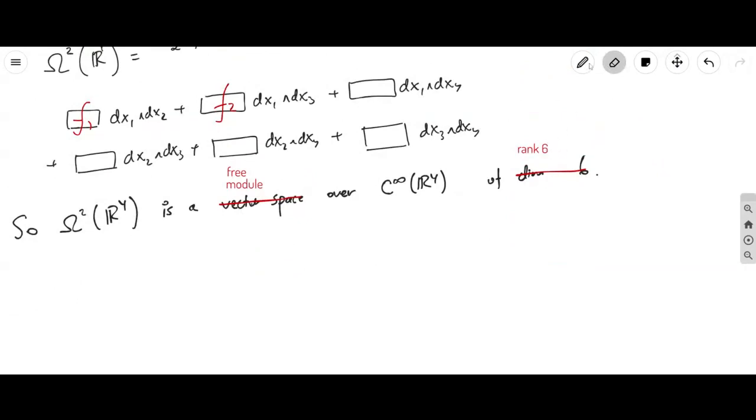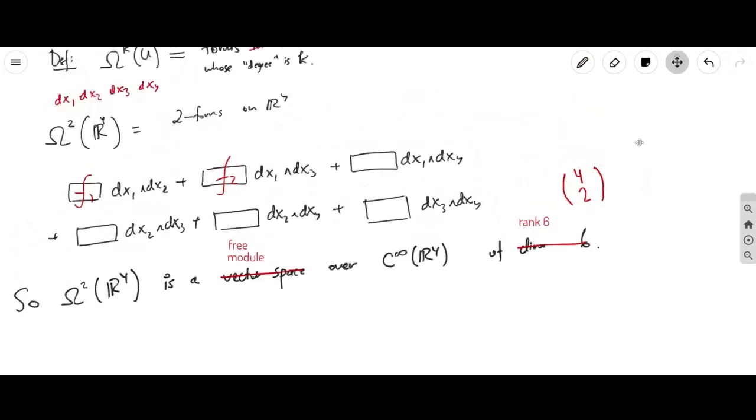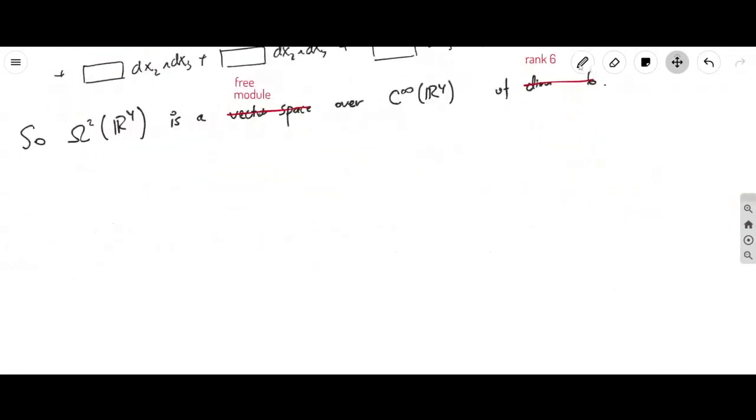What's the significance of this number 6? Well, this is just 4 choose 2, because you have 4 differential symbols and you're choosing 2 at a time. So 4 choose 2, that's why the rank is 6.